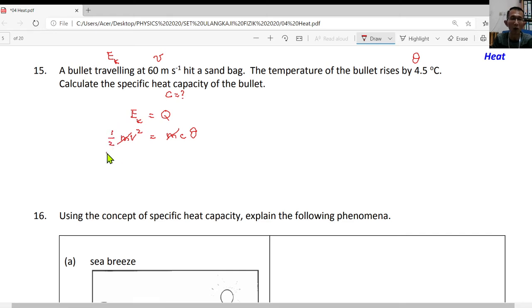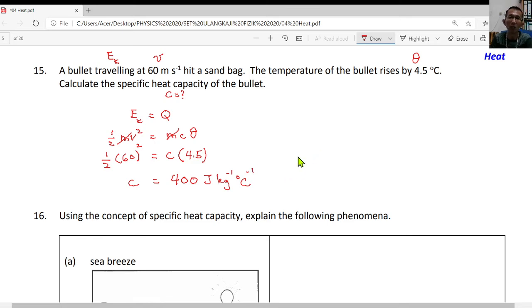I have 1 over 2, v is 60 squared, equals c, which we don't know, times theta, which is 4.5. Then you solve for c. You should be able to get the answer 400 joules per kilogram per degree Celsius.